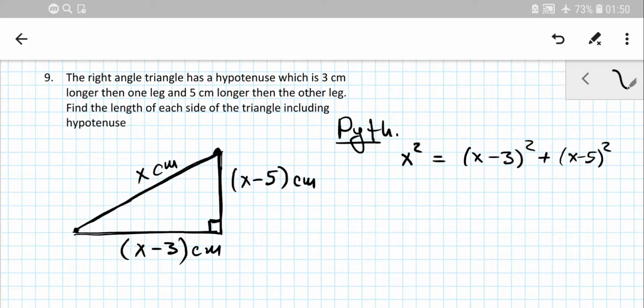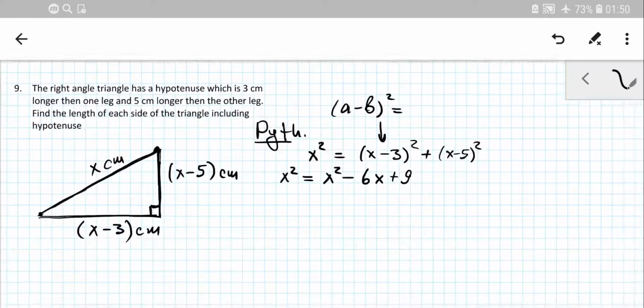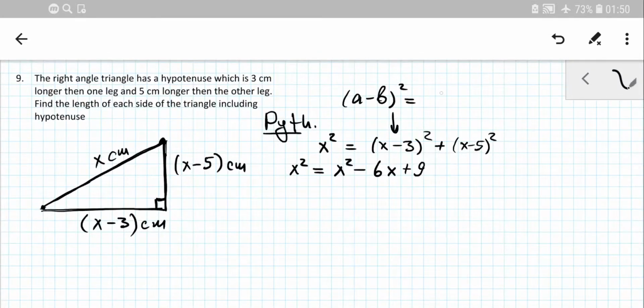Now it's about how well you solve quadratic equations. Let's expand the brackets. We've got x squared minus 6x plus 9, using the formula a minus b squared. For those who watched my previous videos, you're aware of using that formula a lot.